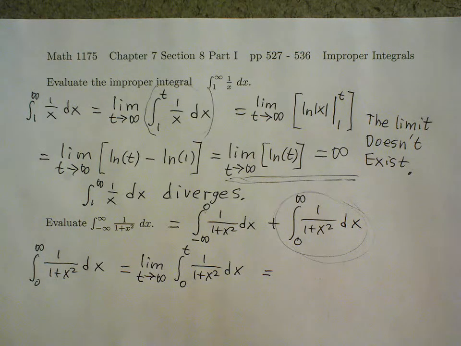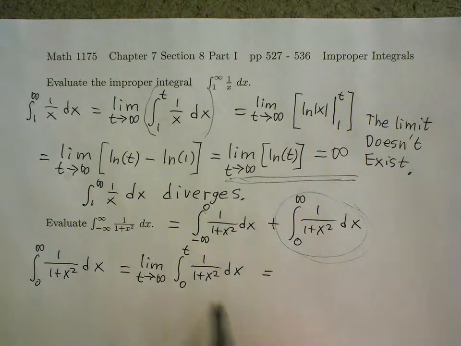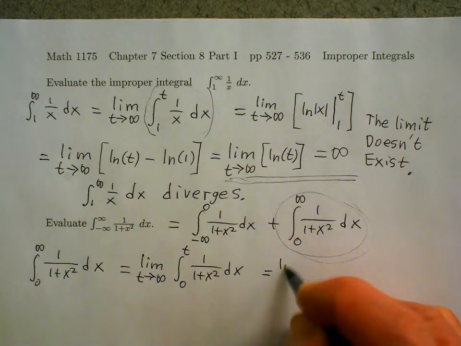So we've seen integrands of this type before, quite a few times, in fact. What's an antiderivative of 1 over 1 plus x squared? Inverse tangent of x is an antiderivative of 1 over 1 plus x squared. You can use a trig substitution and show that, but I'll just write down the antiderivative.